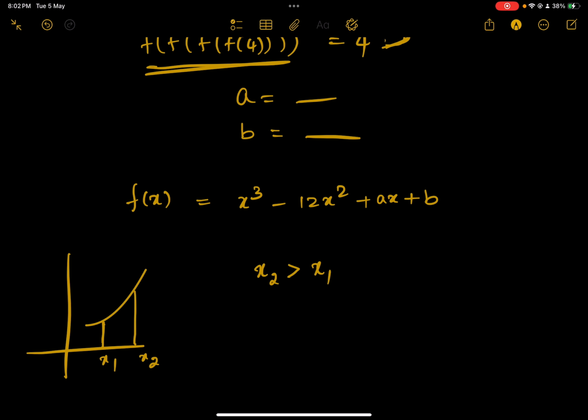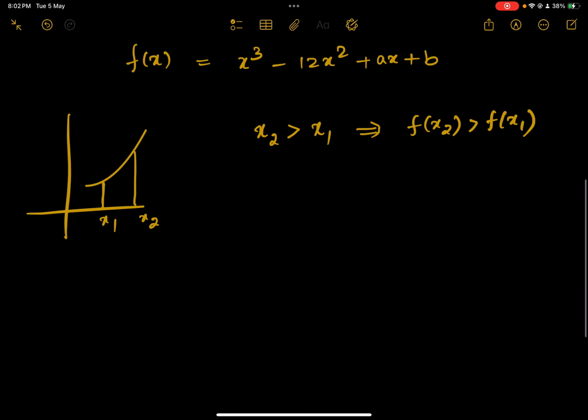If x2 is greater than x1, this implies that f of x2 is greater than f of x1. This is the definition of an increasing function. And this definition is the idea on which this entire question revolves. All right. So let us see how this can be used in our question.